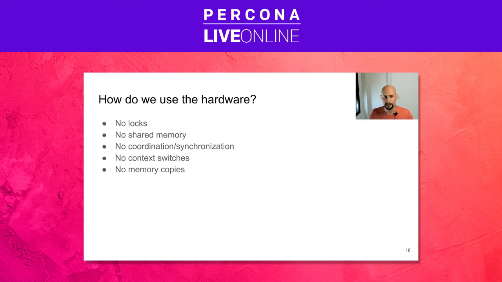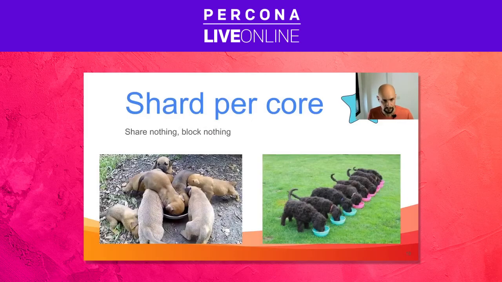And again, because of the CPU and RAM gap, we want to do a minimum amount of memory copies, because memory copies basically mean that the CPU is going to wait for data to be copied, and there's really no point. We just want to process it, if possible, not even load it to the CPU.